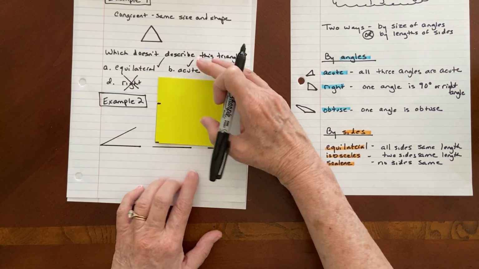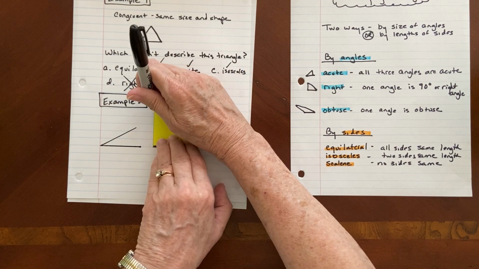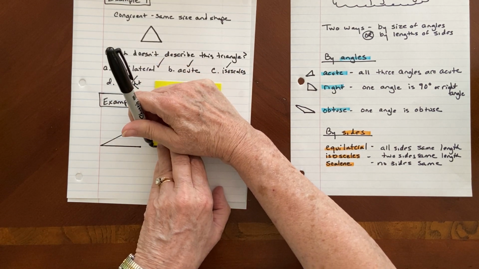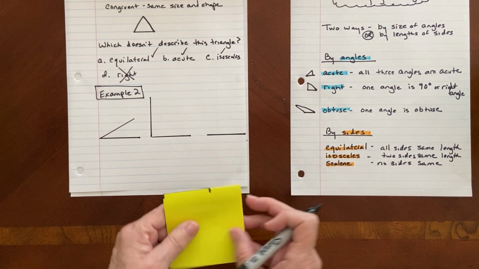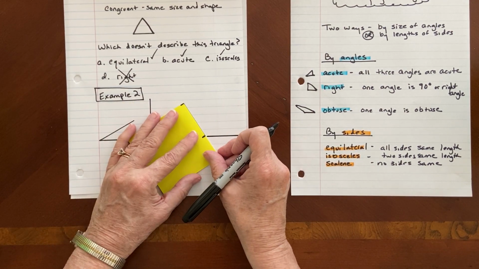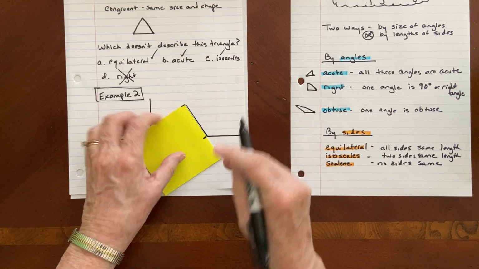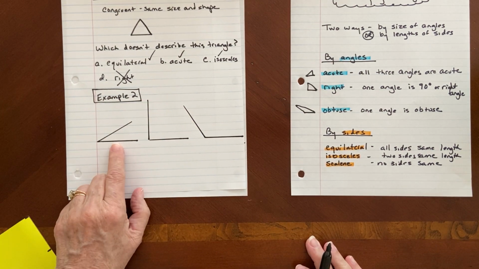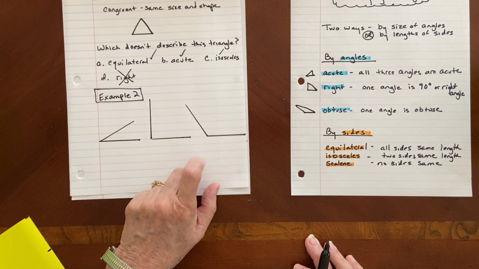Now I'm going to go 90 degrees. I'm going to line it up with the line on my paper so I can make sure it's really 90 degrees. Now I'm going to do an obtuse angle, so more than 90 degrees. Keep it all lined up. So I have an acute angle, a right angle, a 90-degree angle, and an obtuse angle.